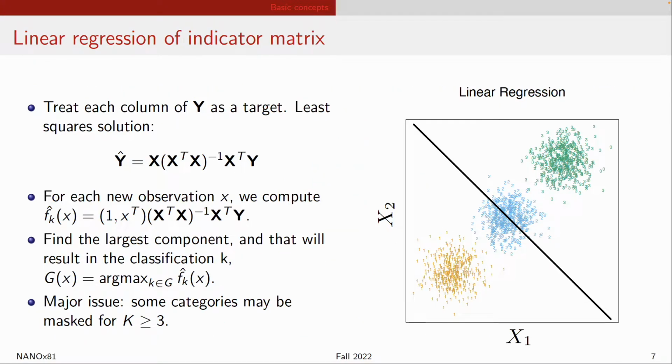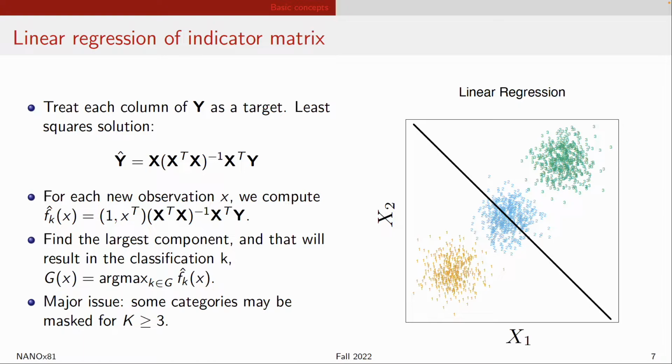Now, one of the most naive ways in which you can go about doing this is to just do linear regression on your indicator matrix. You treat each column of y as a target. You do a least squares solution. This is analytical. Remember, we don't need to do any numerical optimization to find the solution.